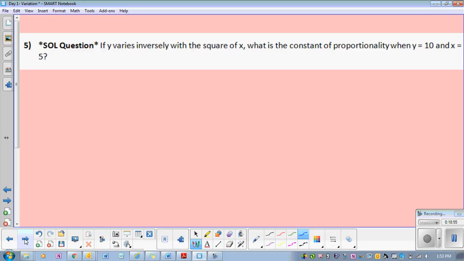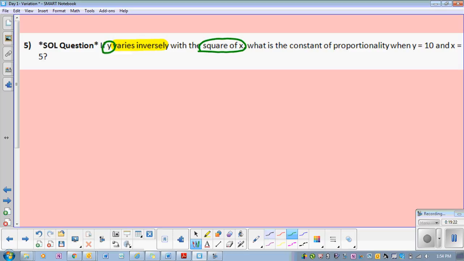All right, so let's look at this SOL question together. These are really important because they were really on the SOLs, okay? So this one says if y varies inversely with the square of x. Okay, keywords. Varies inversely. Y with the square of x.